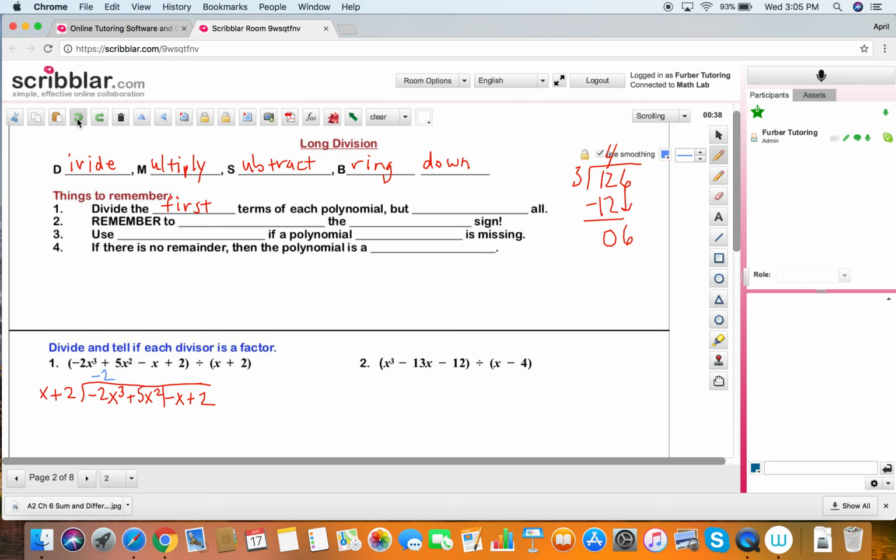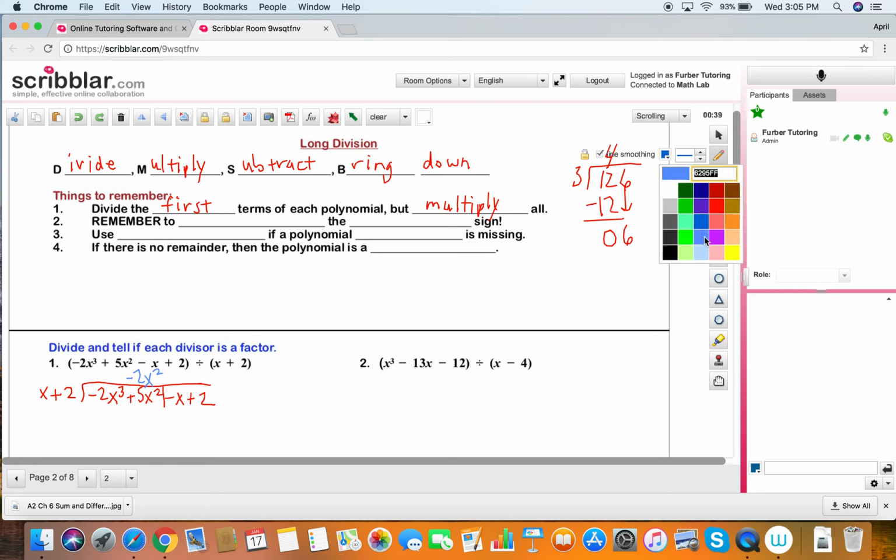And I'm going to write it over here above the binomial that I'm working with, just like over here, I write it above the 2 that's in 12. Down here, I'm going to write it above the 5x squared, because it's an x squared term. So once I write it up there, I use the first terms to help me do the division, but when I get ready to do the multiplying step, I'm going to multiply with both of the terms.